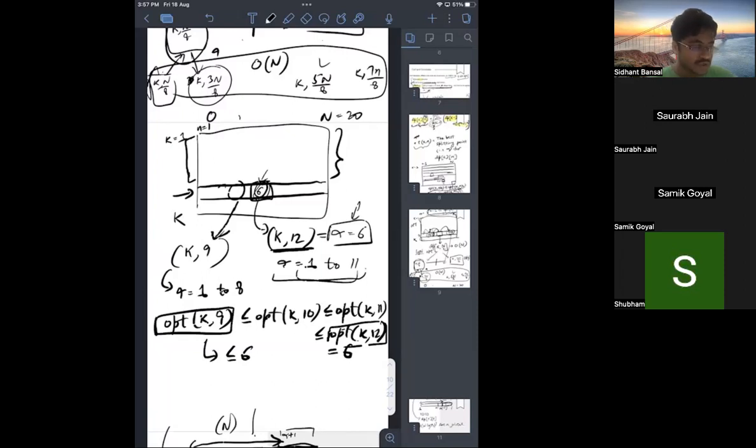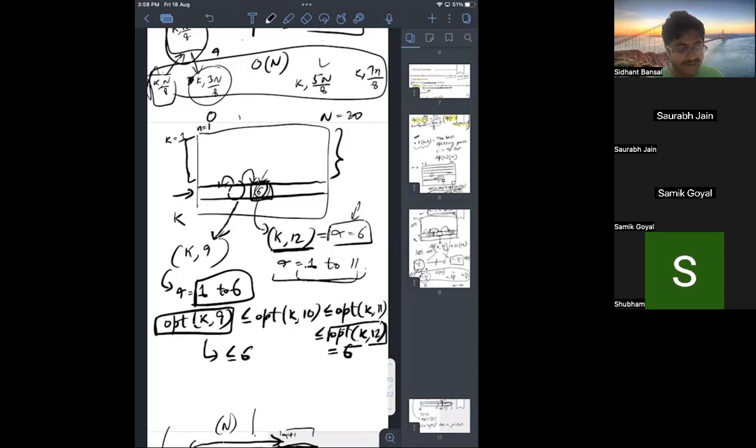So you can reduce your search space of alpha from 1 to 8 to 1 to 6. This is the crux of the optimization. Instead of searching the entire alpha range, you are lower bounding and upper bounding your alpha range based on the nearby opts that you know, because your opt array is increasing on the row.